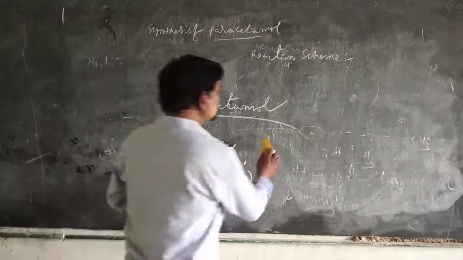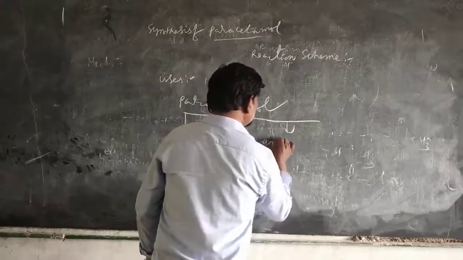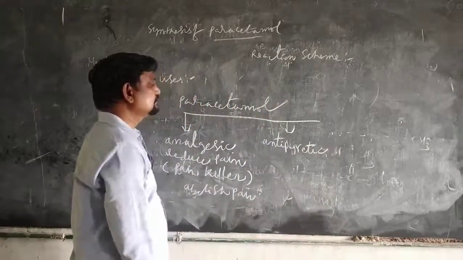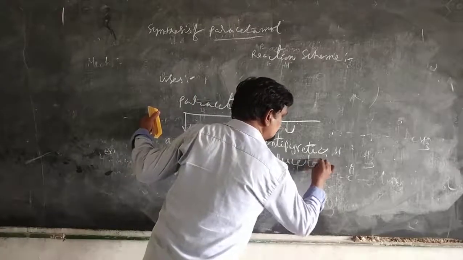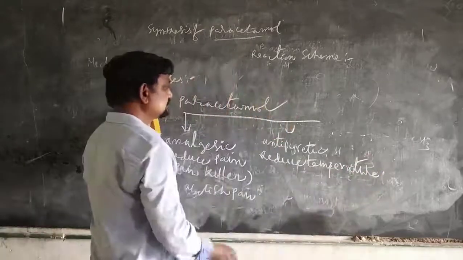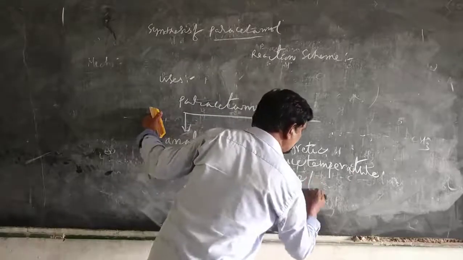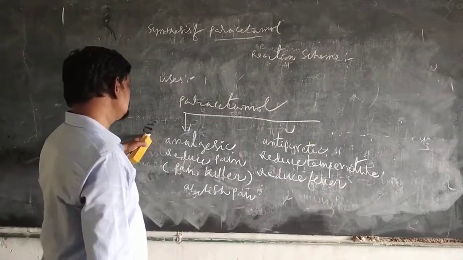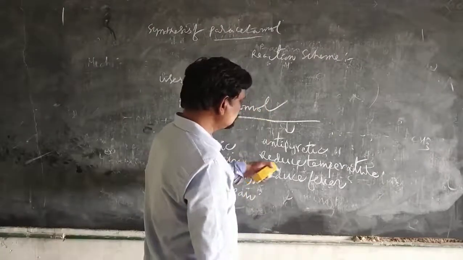And it can be used as an antipyretic. What is an antipyretic? It reduces the temperature, that means it reduces fever. So analgesics reduce the pain, and antipyretics reduce the fever.